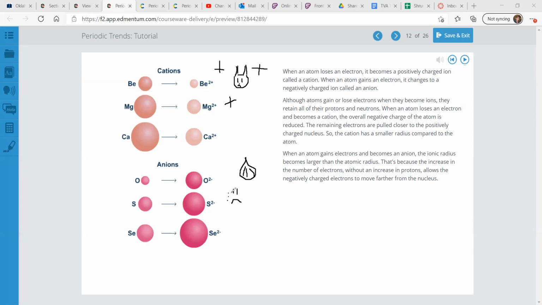This person is crying, if you can't tell, because he is trying to cut an onion. But remember, cations, cats are cute, positive. Anions sound like onions, which make you cry. That's the best I got.